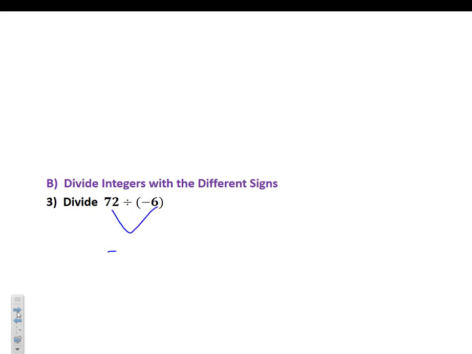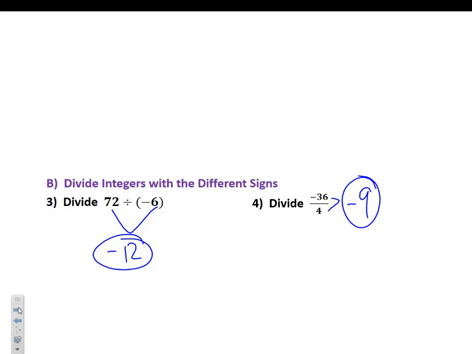And 72 divided by 6, that is correct. It is 12. Moving right along, we're going to divide a negative 36 by a positive 4. Again, we're dividing with different signs, so we know our answer is negative, and 36 divided by 4, that is 9. Negative 9. Outstanding.